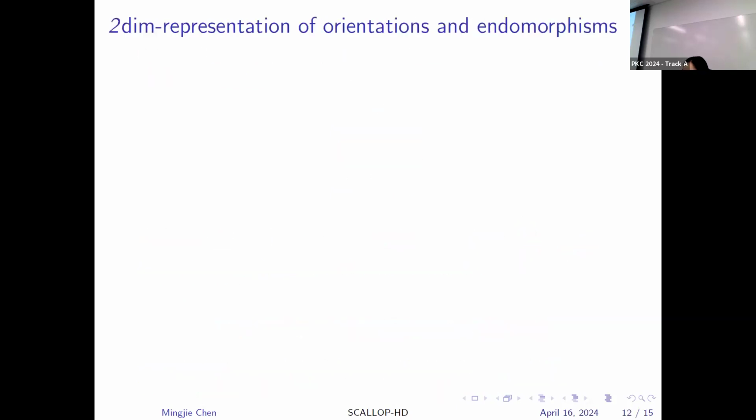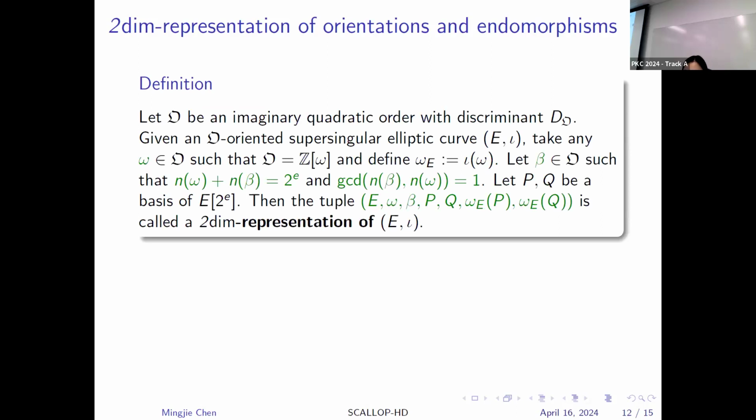And in our work, we take the idea of that isogeny representation and apply it on orientations, or equivalently on endomorphisms. So here is a definition that we introduce.